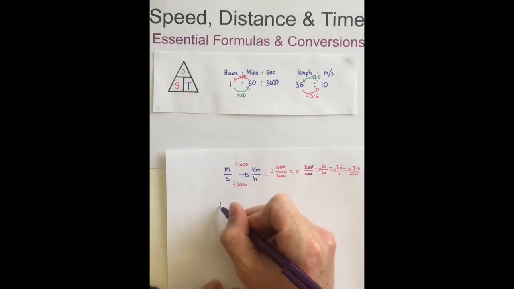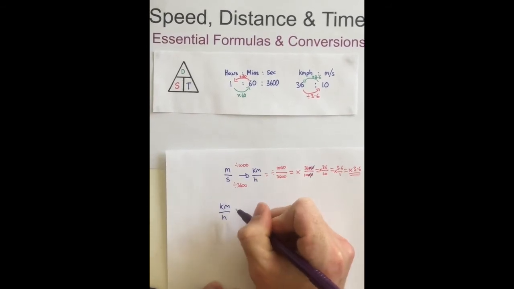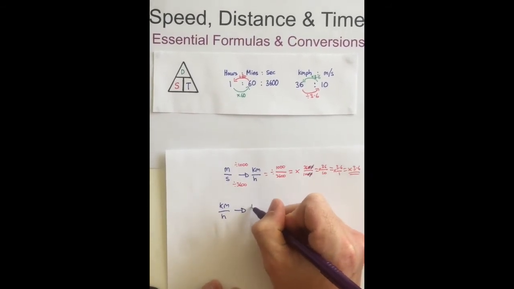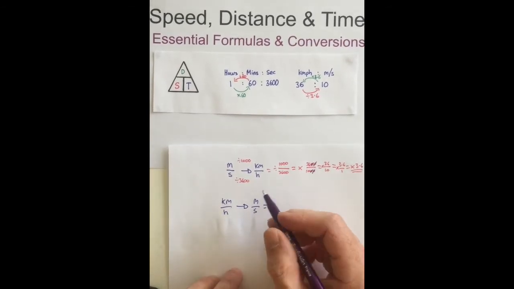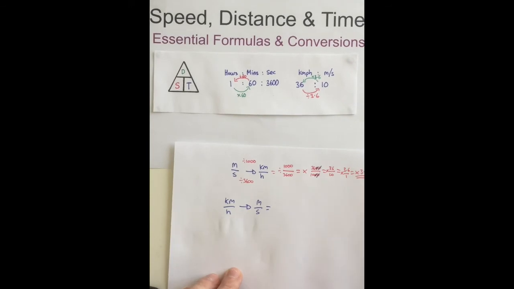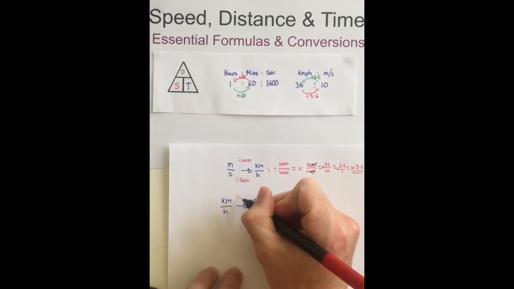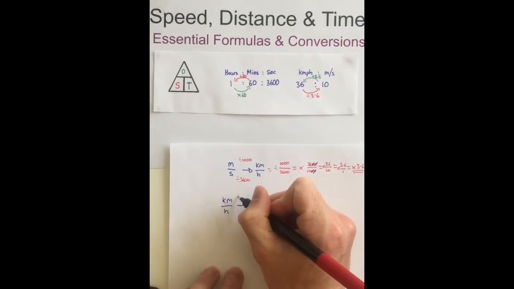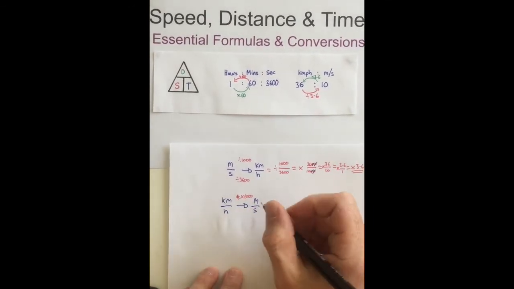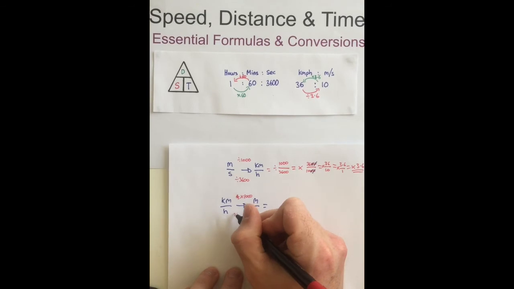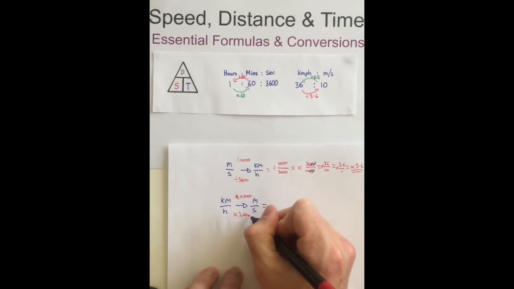And the other way around, kilometers per hour to meters per second. Well, kilometers to meters, we're timesing by 1,000, and from hours to seconds, we're timesing by 3,600.